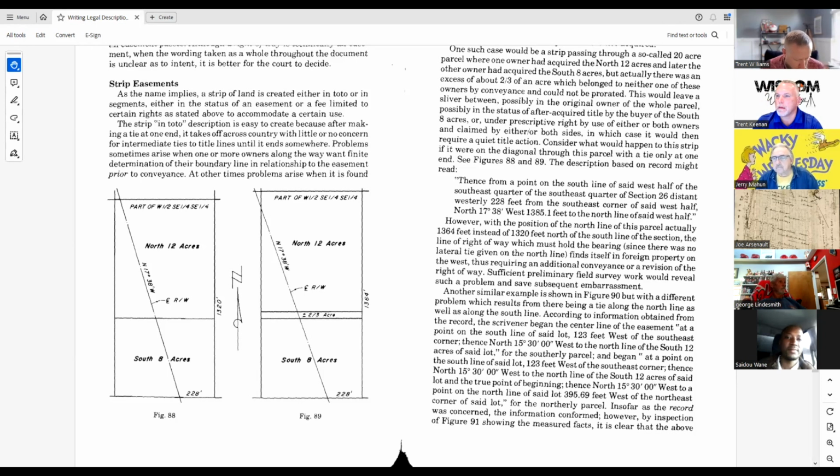The strip in toto description is easy to create because after marking a tie point at one end, it takes off across country with little or no concern for intermediate ties to tidal lines until it ends somewhere.